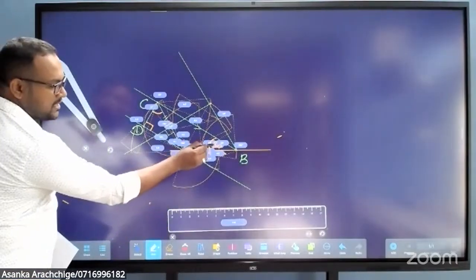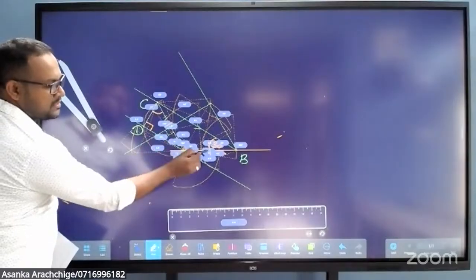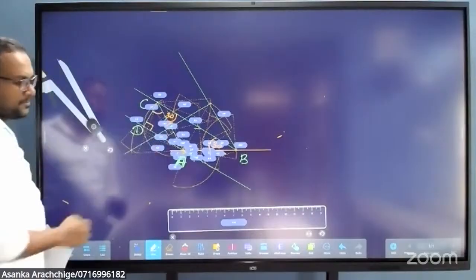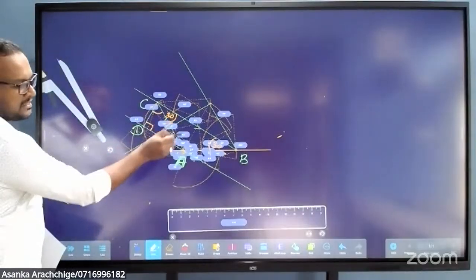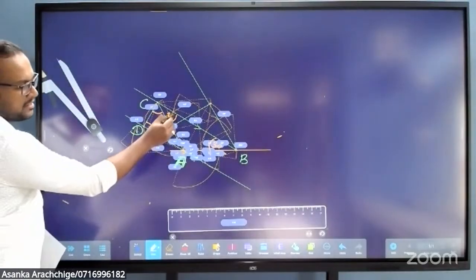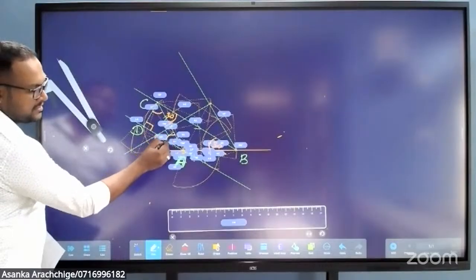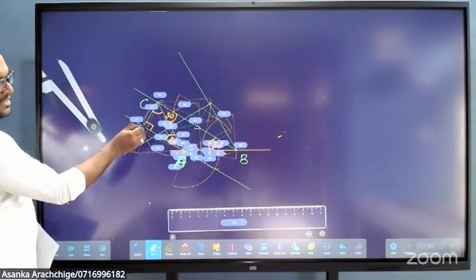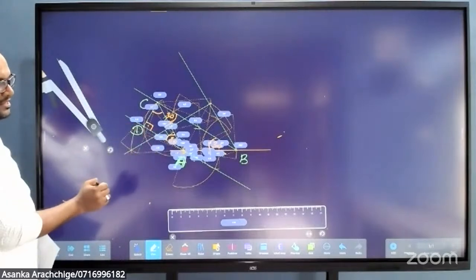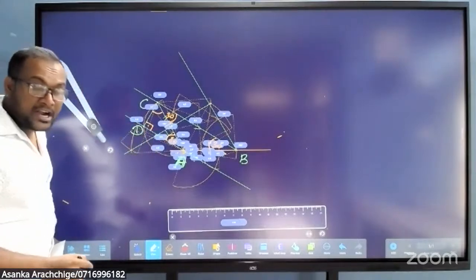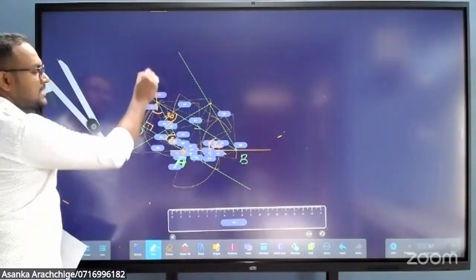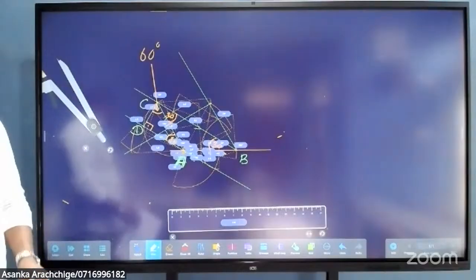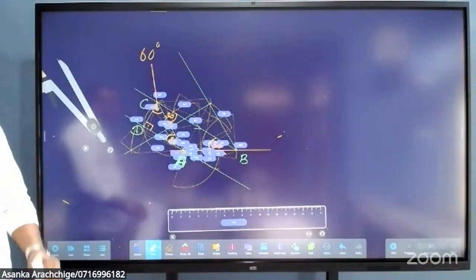If this is 30, since these two sides are equal, this angle is also 30. And this line is parallel to this line. If this is 30, this angle is also 30. Then this is 90, this is 30. 90 plus 30 is 120. Therefore, this angle must be 60 degrees. Understood? Right.